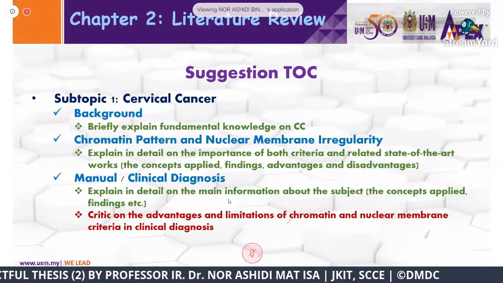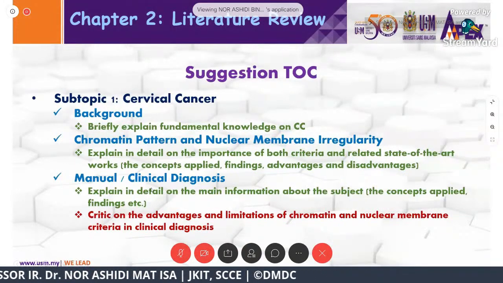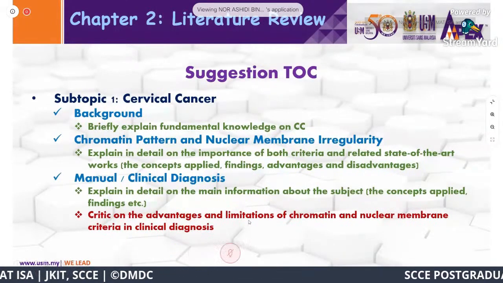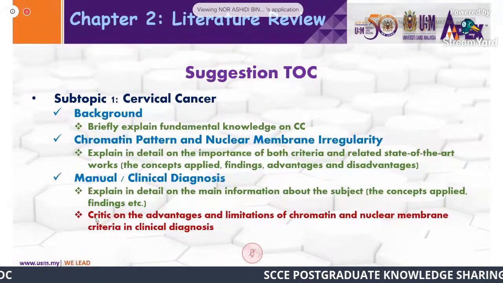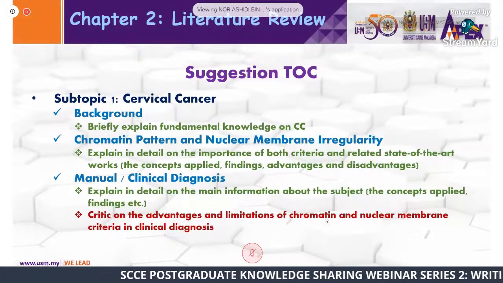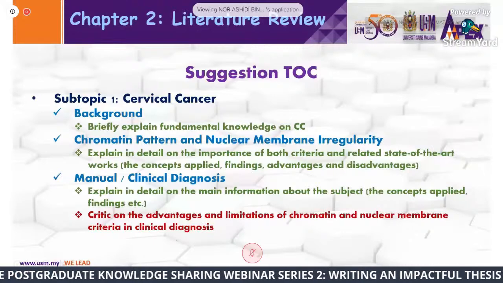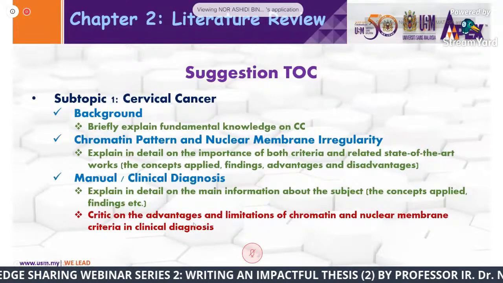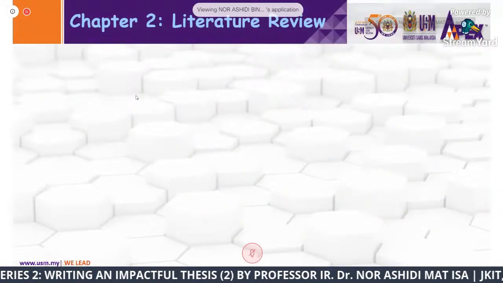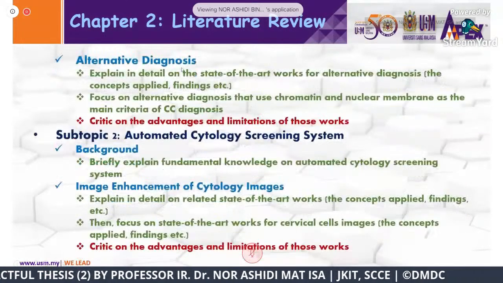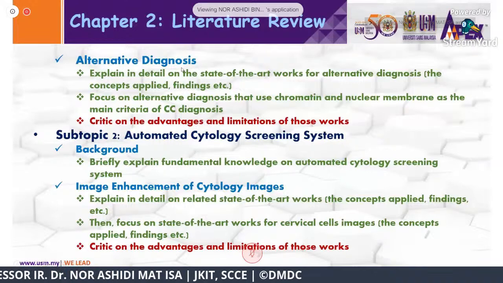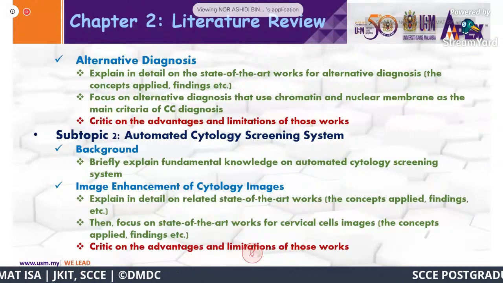Then the problems of that manual procedure. Now you present the problem. Then based on this problem, people move to alternatives. That's why people move to the alternative diagnosis. Now you can see the flow.